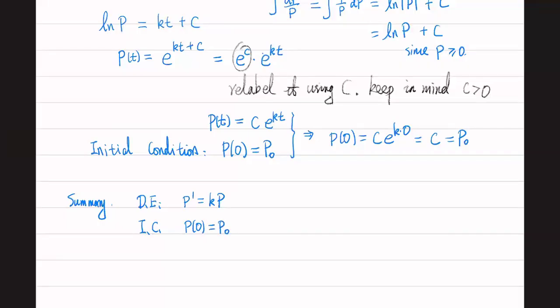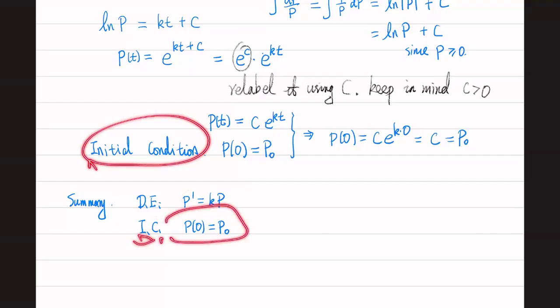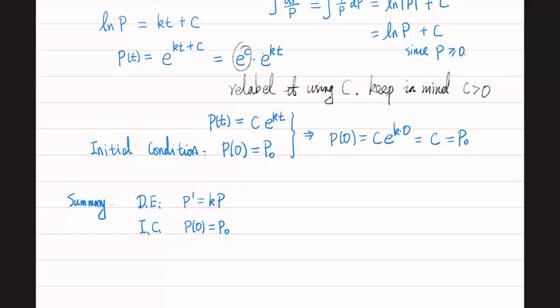Okay, so this DE stands for differential equation. This is a differential equation. And IC stands for initial condition. Put them together, we call this an initial value problem.